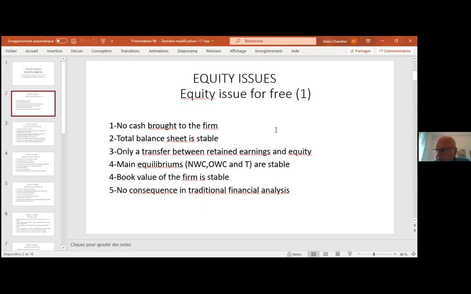You will not have any increase in the level of total equity. And as we have more shares, you understand that inside the total equity there is a kind of difference if you compare the situation after to the situation before.